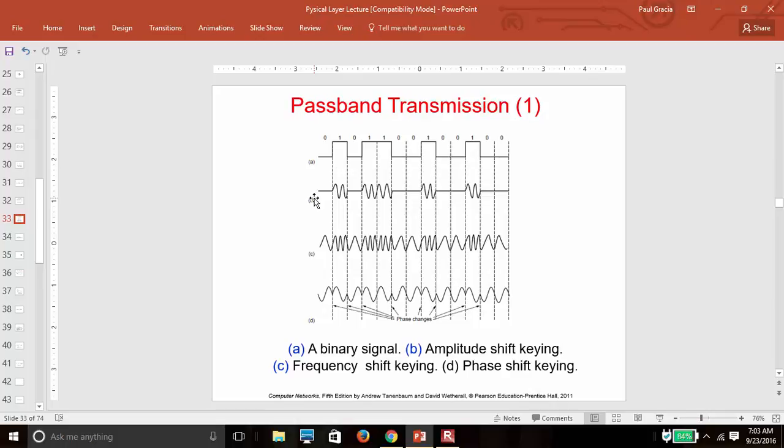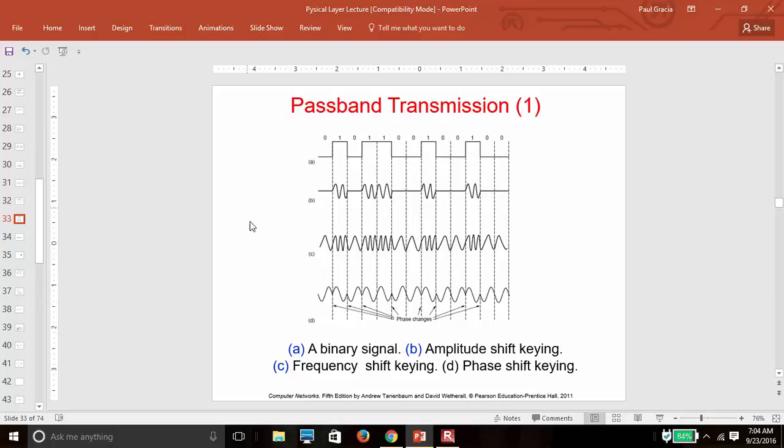In this example here, we're making changes to the amplitude, whether we have a 0 or a 1. In this next one, you can see the frequency of the signal changes, where the frequency is higher for a 1, lower for a 0. And on this last example, you can see there is a phase change. When you have two zeros together, they're in phase, and then when we transition to a 1, it goes out of phase, and then it changes back to the previous phase after that.